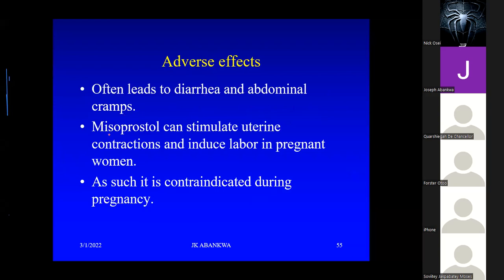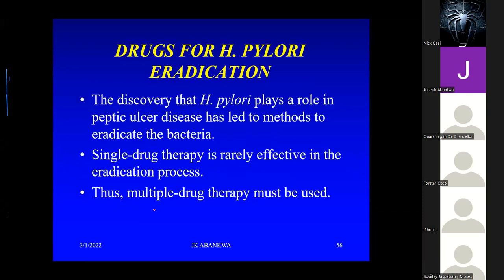Misoprostol can also stimulate uterine contraction and induce labor in pregnant women. So it is contraindicated during pregnancy. Okay, you don't take it when you are pregnant, unless maybe, of course, you have an agenda to remove some living organism in your stomach.